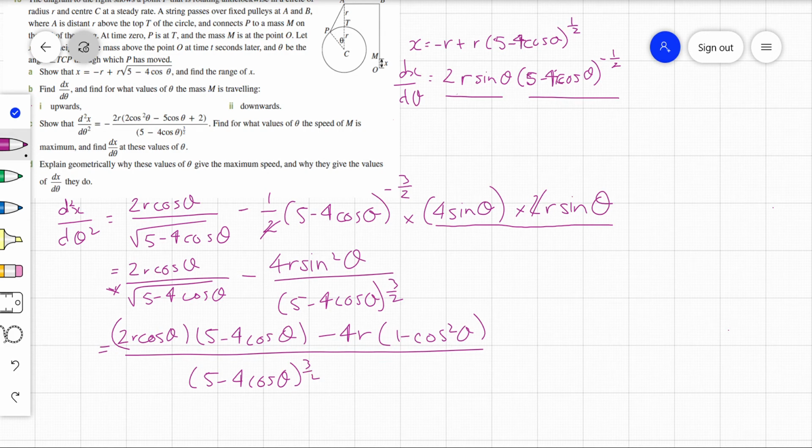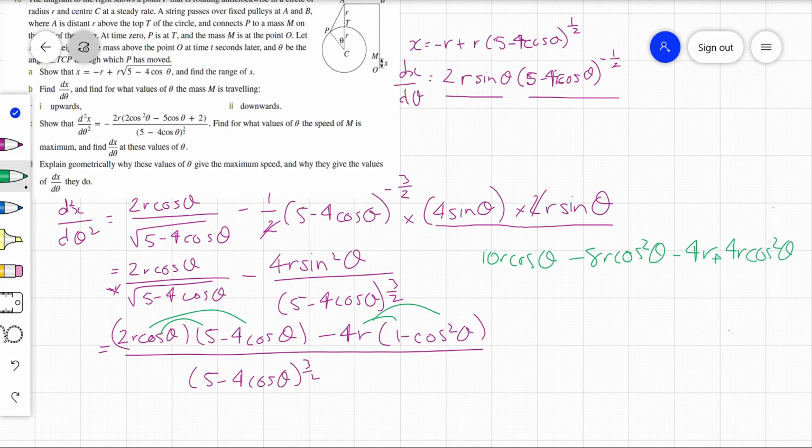Alright, so if I just look at the top of that and expand that all out, I'll do it in a different colour because I'm running out of room. So you've got 10r cos theta, and then minus 8r cos squared theta, minus 4r, and then plus 4r cos squared theta.